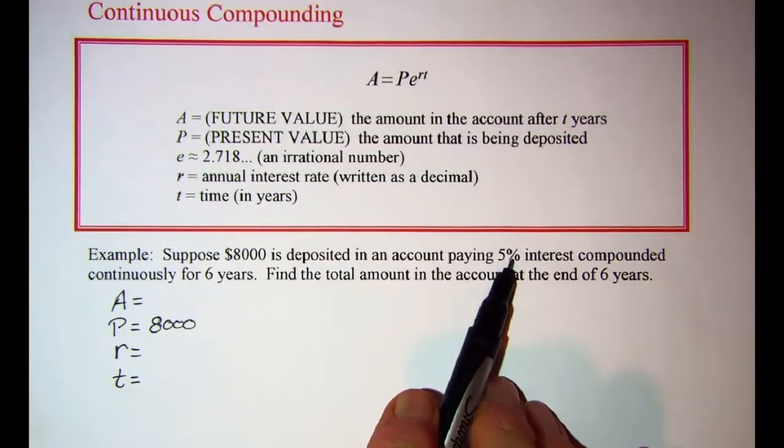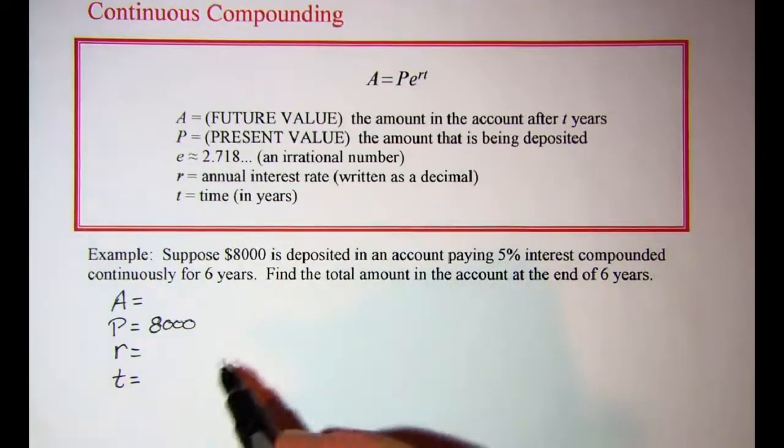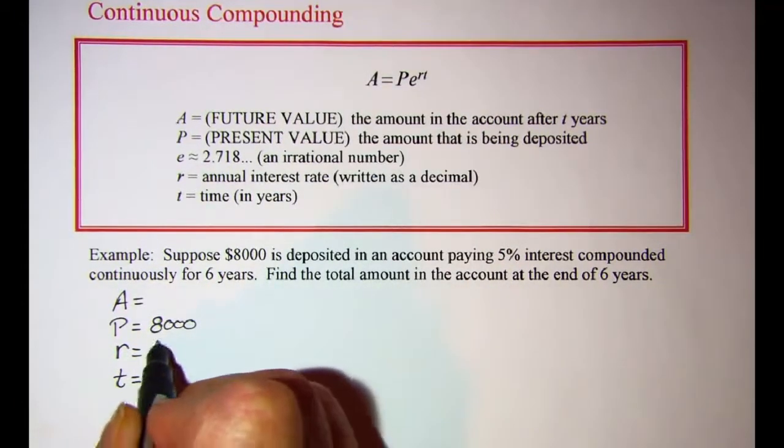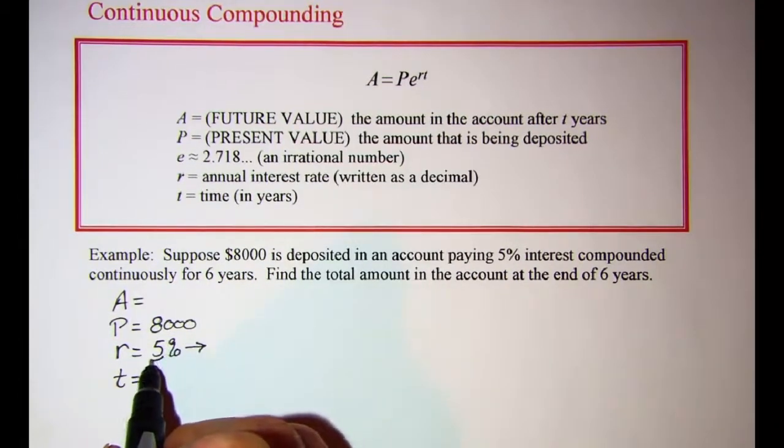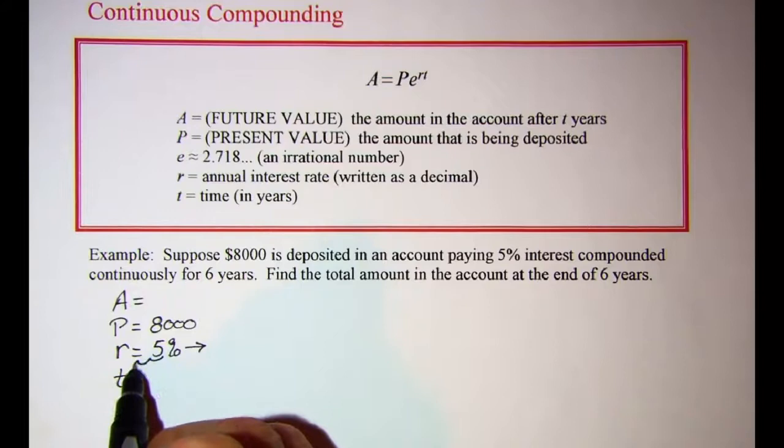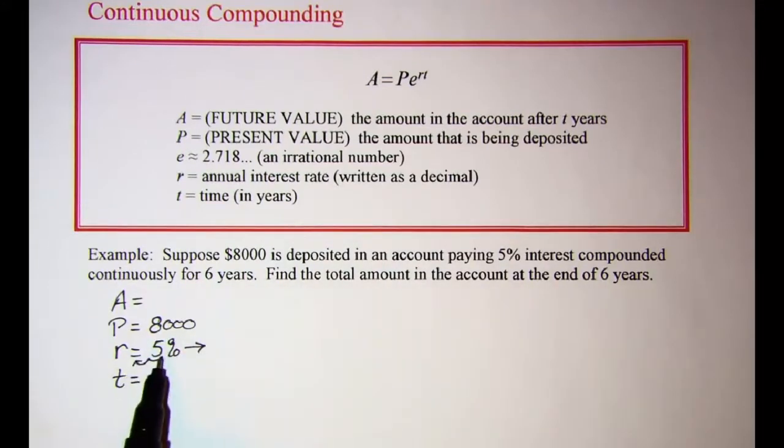Paying 5% interest. So our rate, 5%, we need to write that as a decimal. We need to move this 2 places to the left. So one place would move it to 0.5, and then we'll have to annex a 0 out in front here.